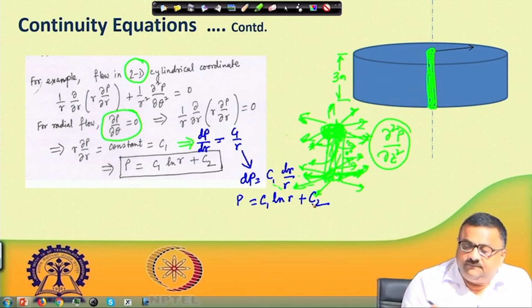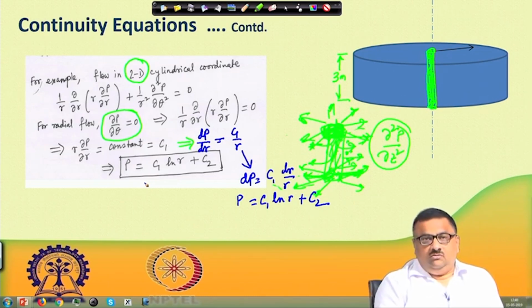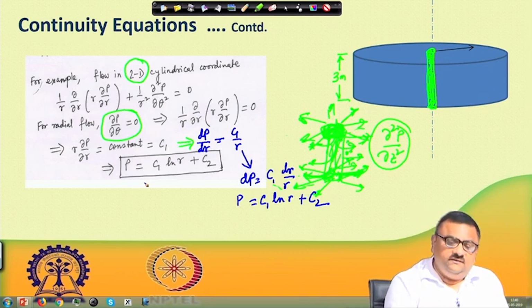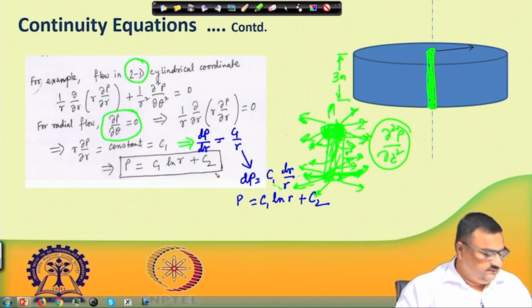So, any pressure profile here would take the form C 1 ln r plus C 2 if it is a truly radial flow. Make note of this expression: P is equal to C 1 ln r plus C 2.